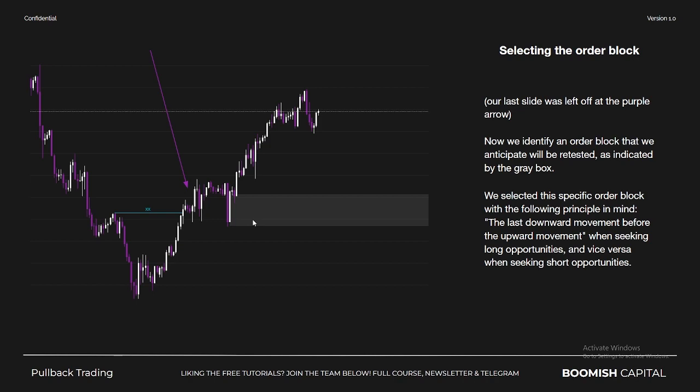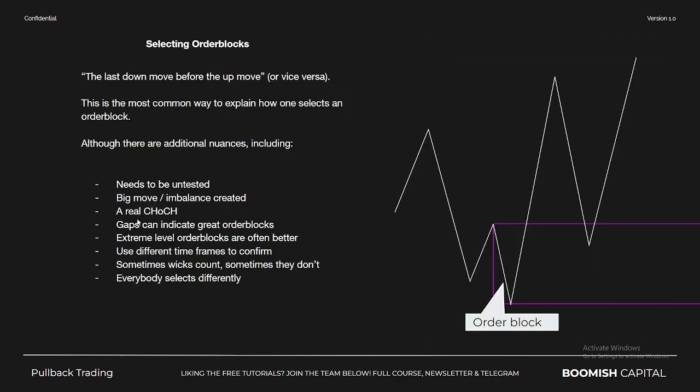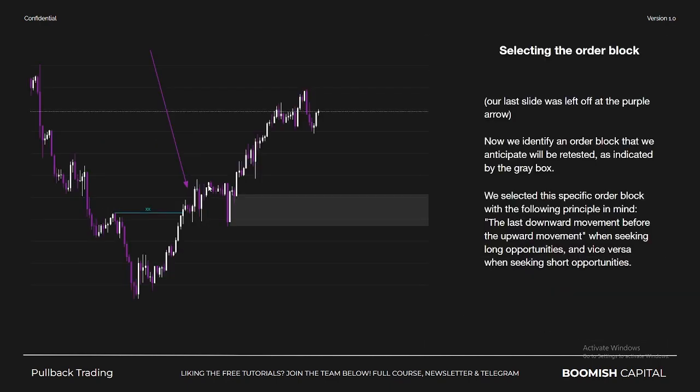Now, here comes a nuance. It needs to be untested, right? And you can see here, technically speaking, this retest here, which I think on the 1 hour, this is a tested order block, technically speaking, right?